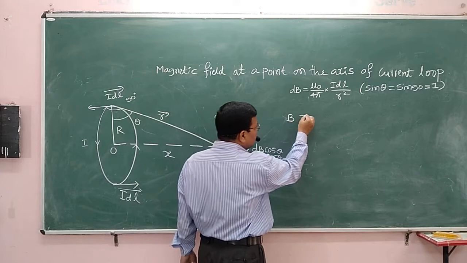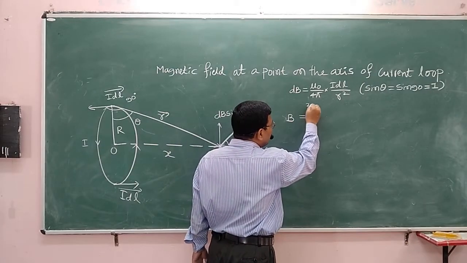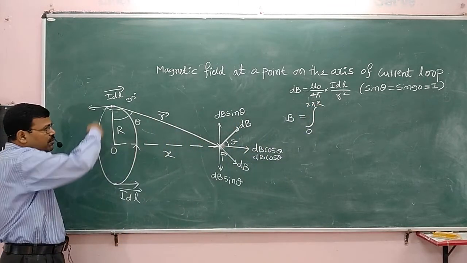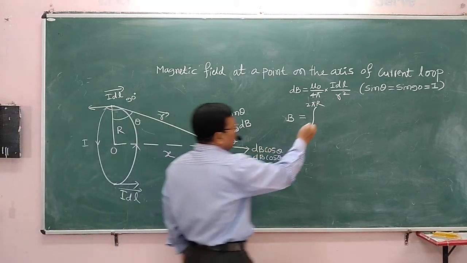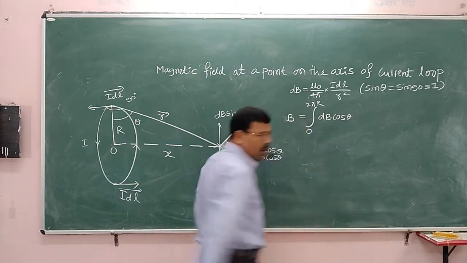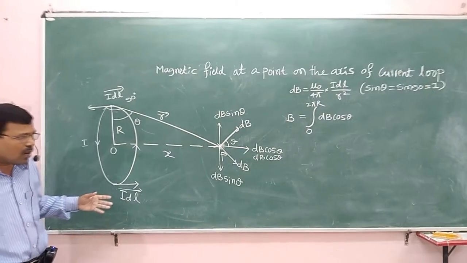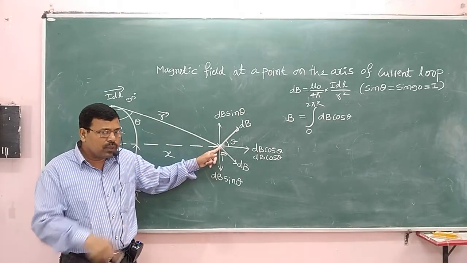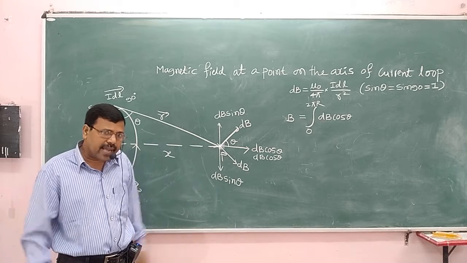Therefore, B is equal to the integration from 0 to 2 pi r, the circumference of the circle, of dB cos theta. So only dB cos theta components are added up here and contribute to the net magnetic field. dB sin theta components get cancelled.